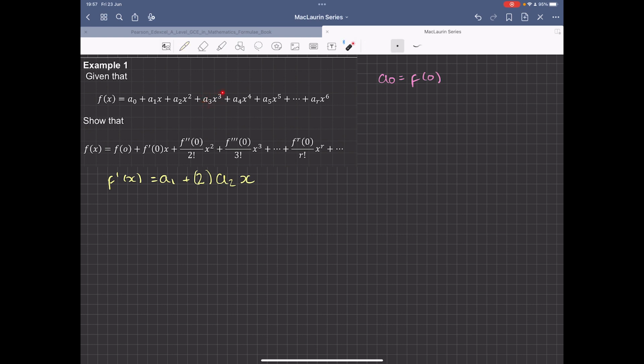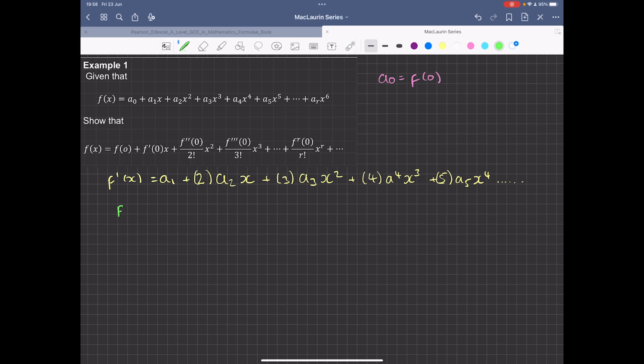For our next one, the 3 will be multiplied by a3, so we get 3 a3, and then lose 1 from that power, so it becomes x squared. Then we get 4 a4, and again we lose 1 from the power, so x cubed. And then 5 a5, or 5 lots of a5, and that's x to the 4, and that would carry on.